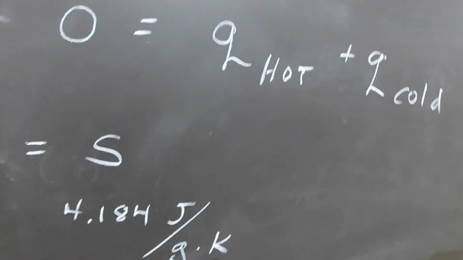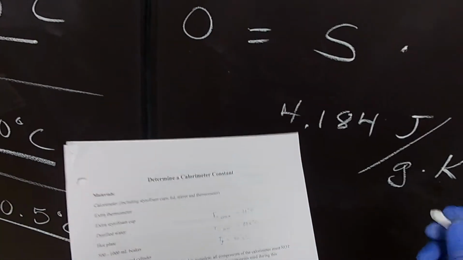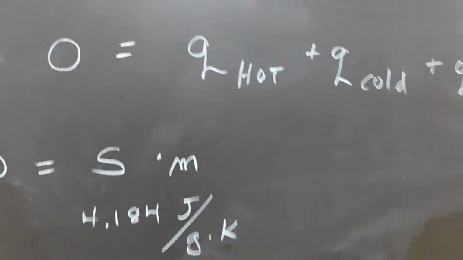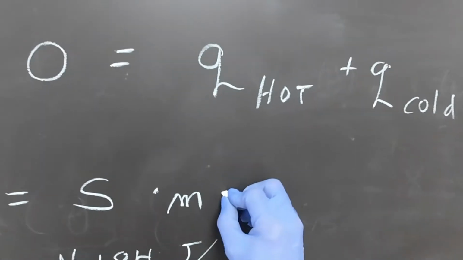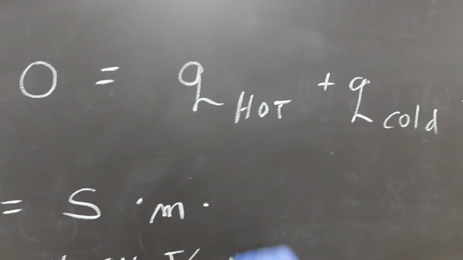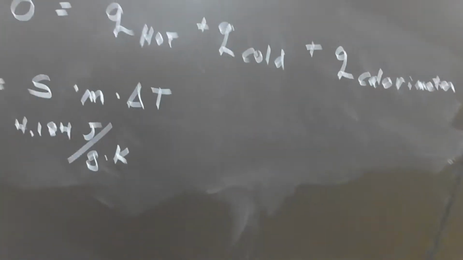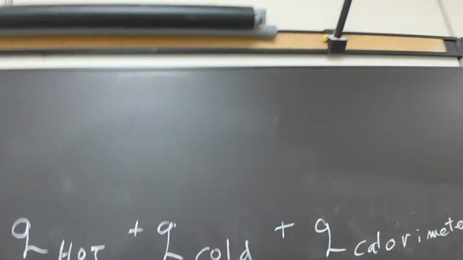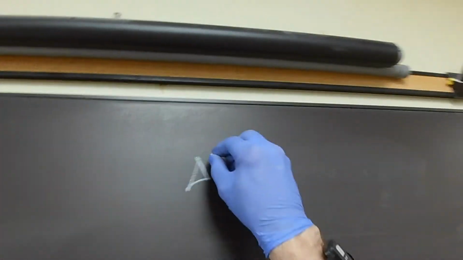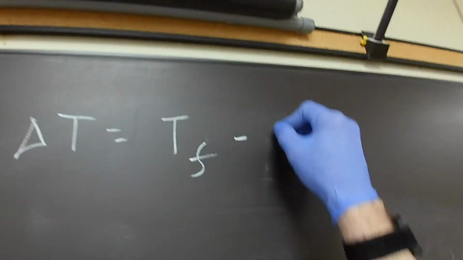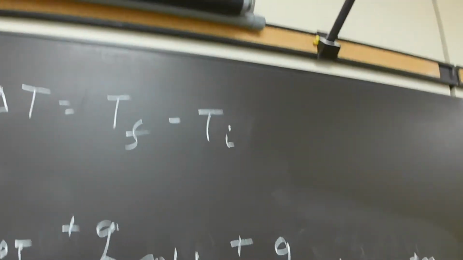All right? So it's this value times the mass of the water, in this case, times the change in temperature. And the change in temperature is always the final temperature minus the initial temperature.